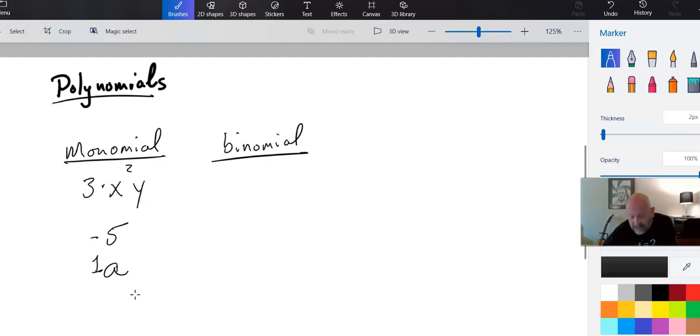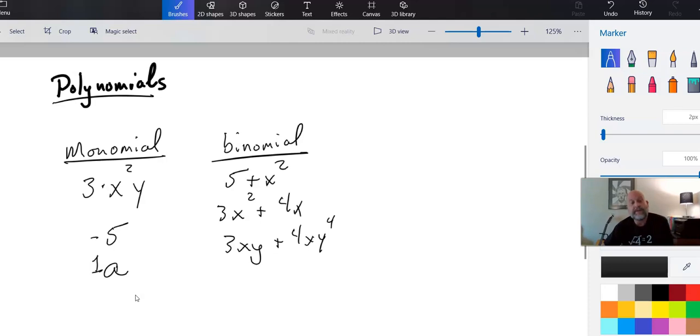Bi means 2, and so what it means is you have 2 monomials added together. So you could have something like 5 plus x squared, 3x squared plus 4x, 3xy plus 4xy to the fourth, right? All of those things are binomials.